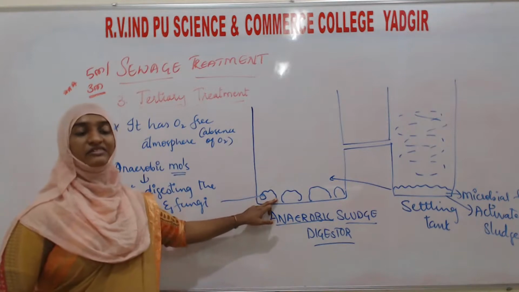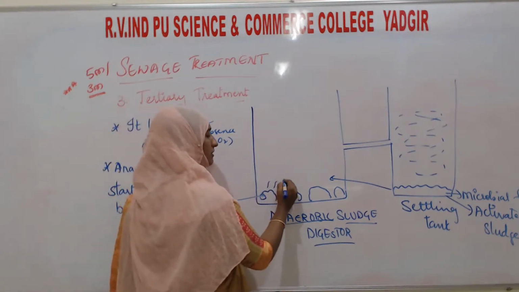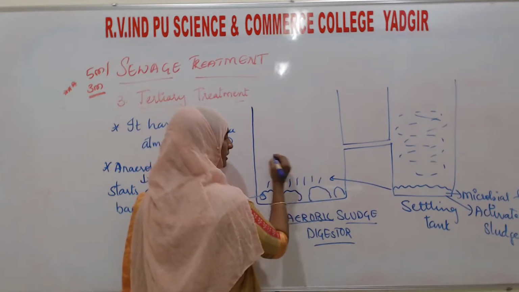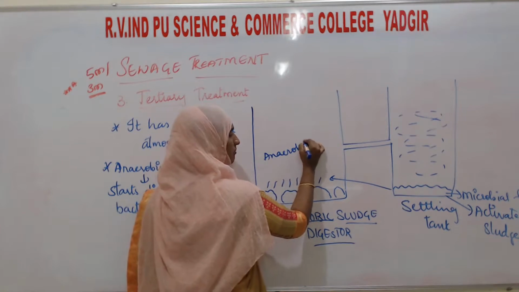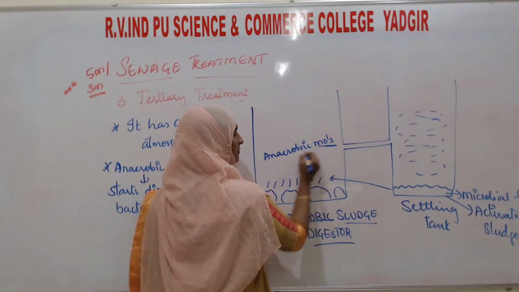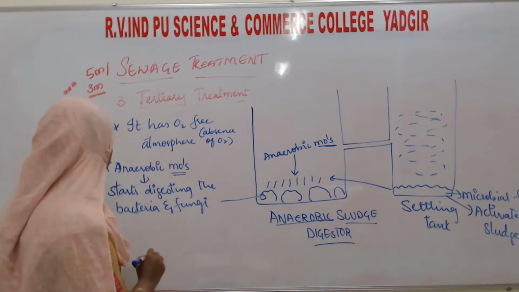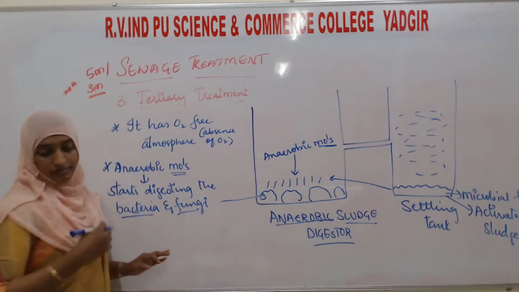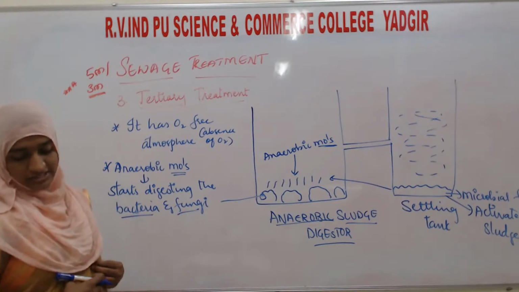For example, this is the bacteria and fungi, and these are the anaerobic microorganisms. What they will do is eat them. Whom will they eat? These bacteria and fungi. They will start digesting what is present in the anaerobic sludge digester.